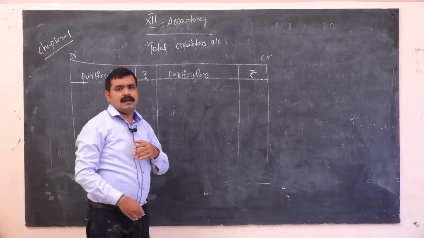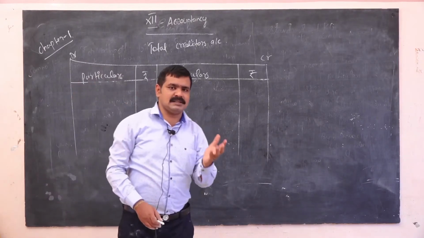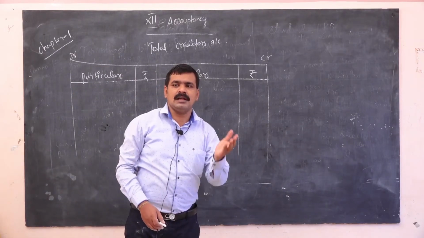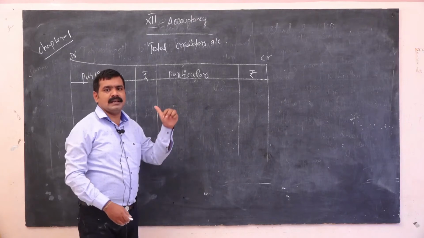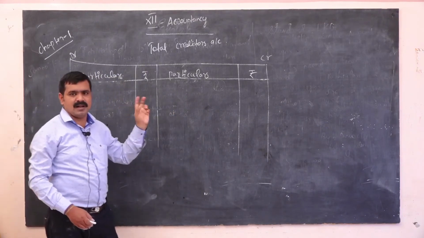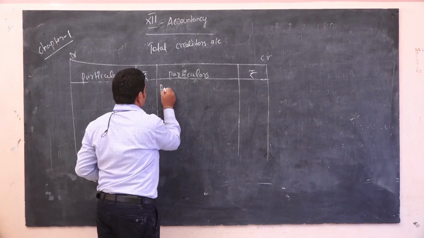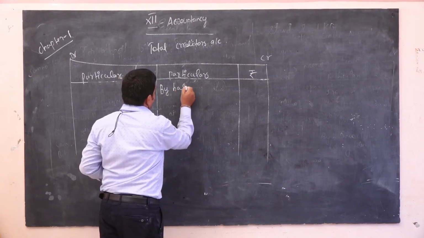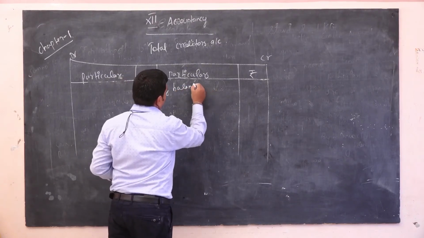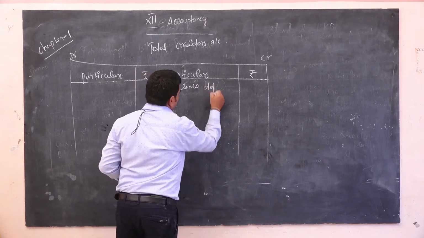Credit side. When you are opening total debtors account, the opening balance comes under debit side. Some small changes. Okay. So, first one, by balance brought down.